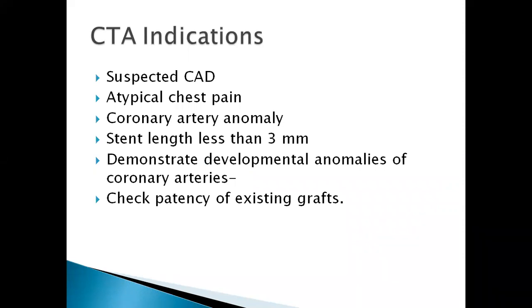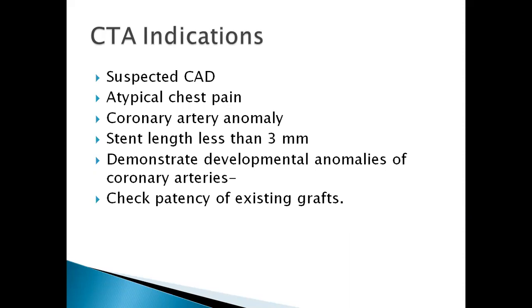So what indications or reasons would a doctor send a patient for CCTA? Suspected coronary artery disease is mostly the reason that the doctor will send the patient to your department. But there are other indications like atypical chest pain, which is also fairly common.